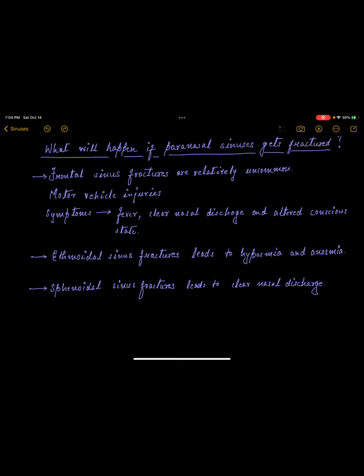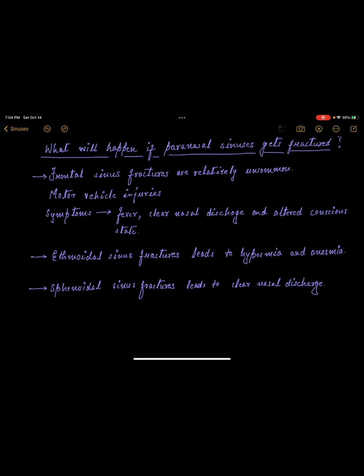And now a question arises: what will happen if these paranasal sinuses get fractured? I'm doing this lecture because I have seen many cases of sinusitis, as sinusitis is one of the most common diseases of our respiratory system in the entire globe. But I have seen only one case of fractured paranasal sinus.